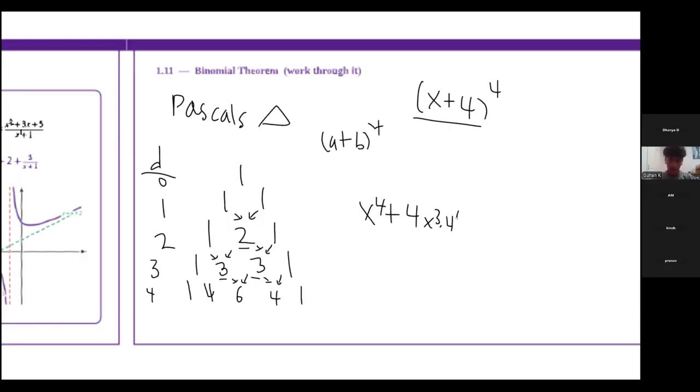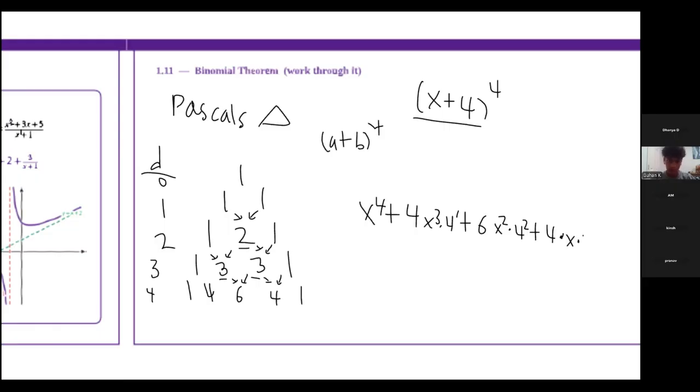Then it becomes 6, and then we reduce x by 1. X to the third becomes x squared. And 4 to the 1 becomes 4 to the 2. So 4 to the 2, which is just 16, but I'll write 4 to the 2 so you guys can see it clearly. Then we have 4 times x. It's just x now, but now it's 4 cubed.